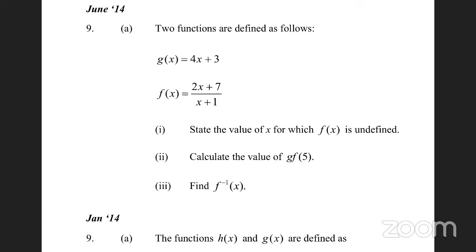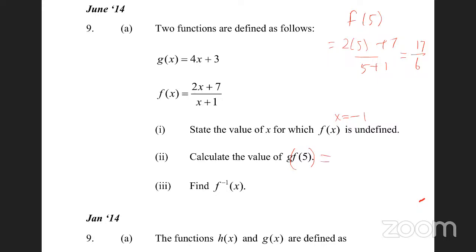Right, Ricardo. Part 1 is what again? Right, part 1 is x is minus 1. Part 2, as I said, find what first? Find f of 5 first. So f of 5 is what? f of 5 is 2 by 5 plus 7 over 5, which is 17 over 5.